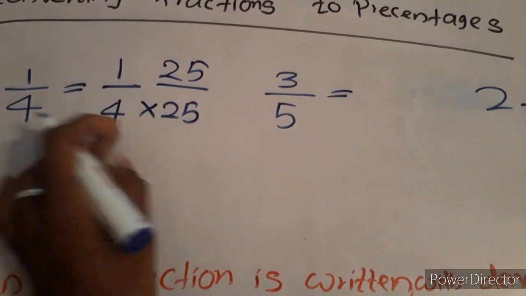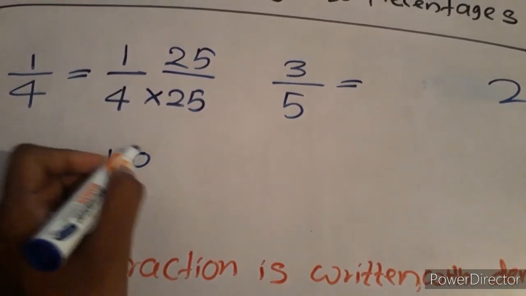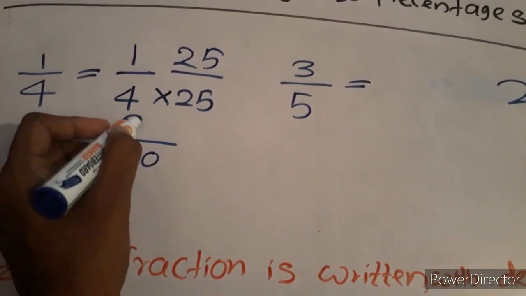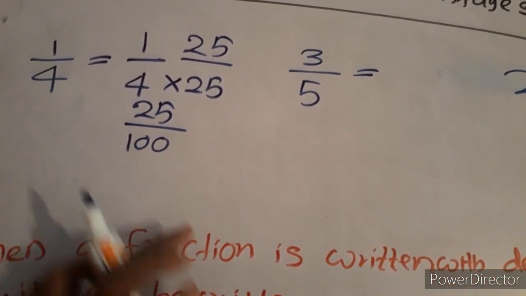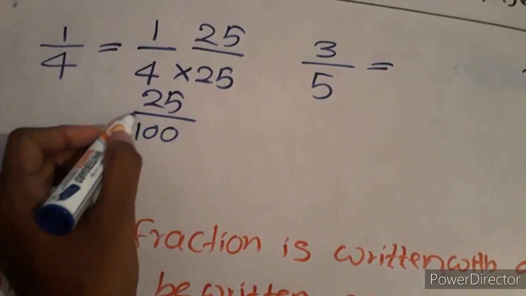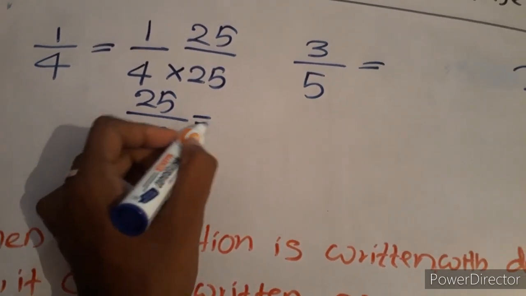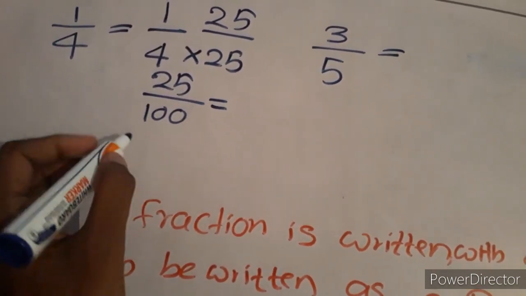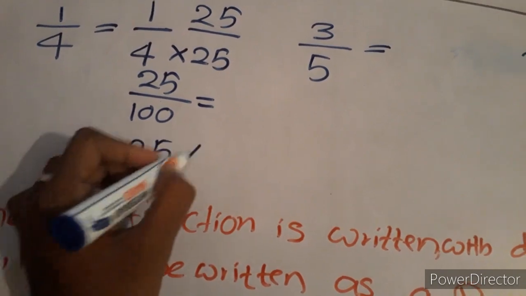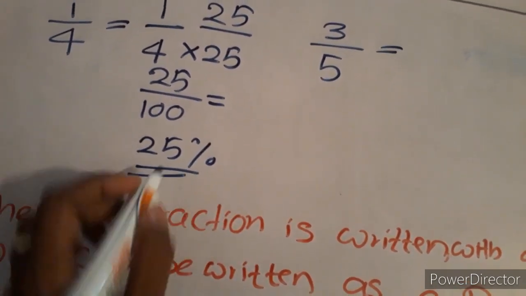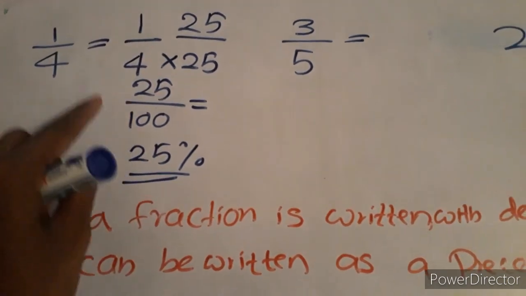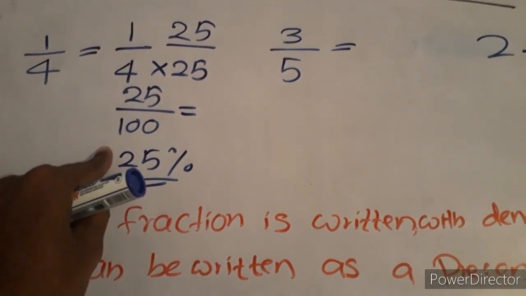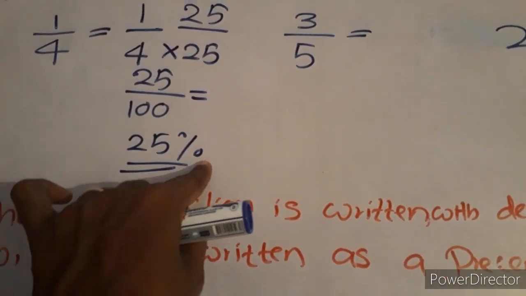After we multiply, the denominator becomes 100 and the numerator becomes 25. So 25 over 100 means we can write it like that, 25%. So this is converting a fraction into a percentage. This is the symbol of percentage.